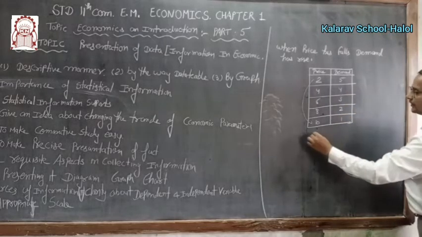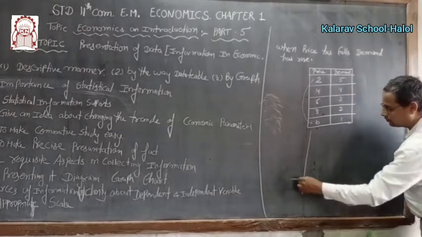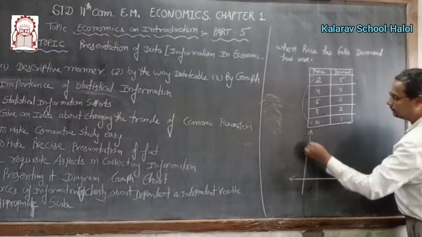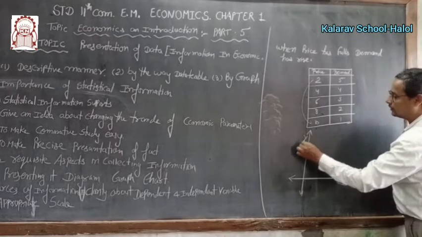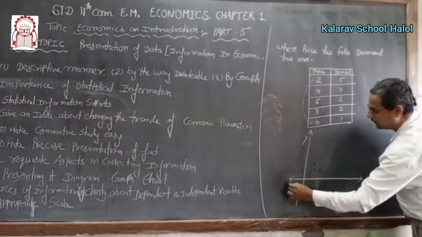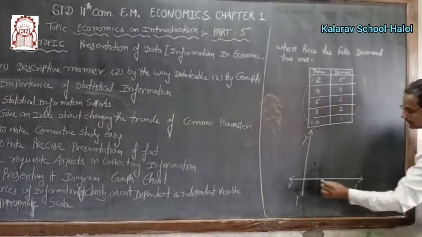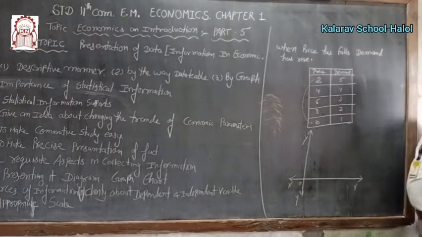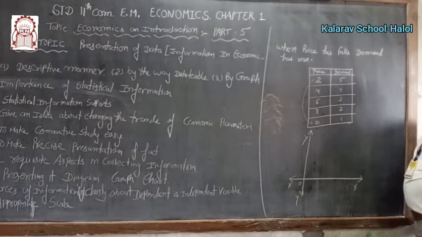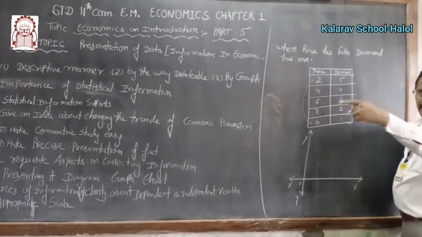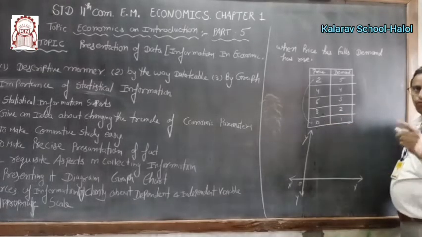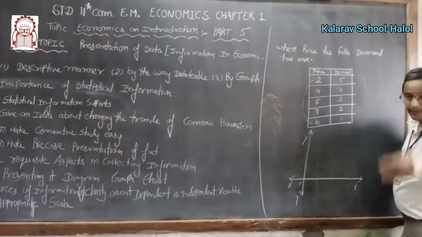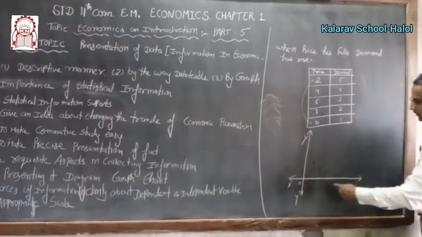Now, how to present it in a graph? In a graph, you have to draw this way. One is the x-axis and second is the y-axis. This is the y-axis and this is your x-axis. Okay, now whatever the independent variable, it will come later, I will tell at that time. Whatever independent variable there is, which does not depend on anything else, it is always present on the x-axis.